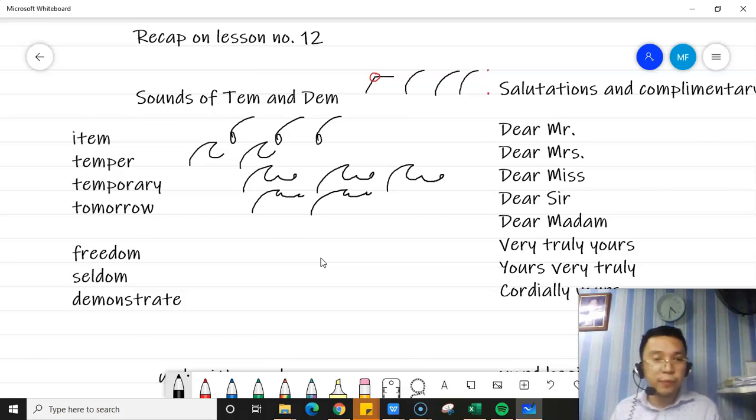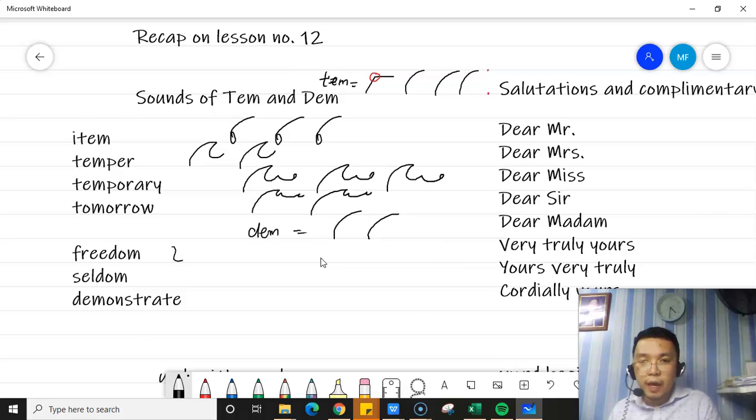How about "freedom"? Still, it is represented by a combination of the NM symbol. Them. How about freedom?